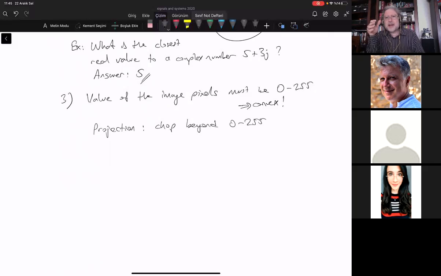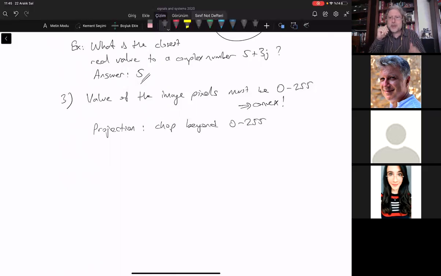So if the real value that you get from step 2 is less than 0, for example, you assign it to be 0. If it is -5, you say it's 0. If it is 300, you say it's 255. So you chop anything beyond as well. And if it is between 0 and 255, it is inside the set. You don't do anything to those pixels.